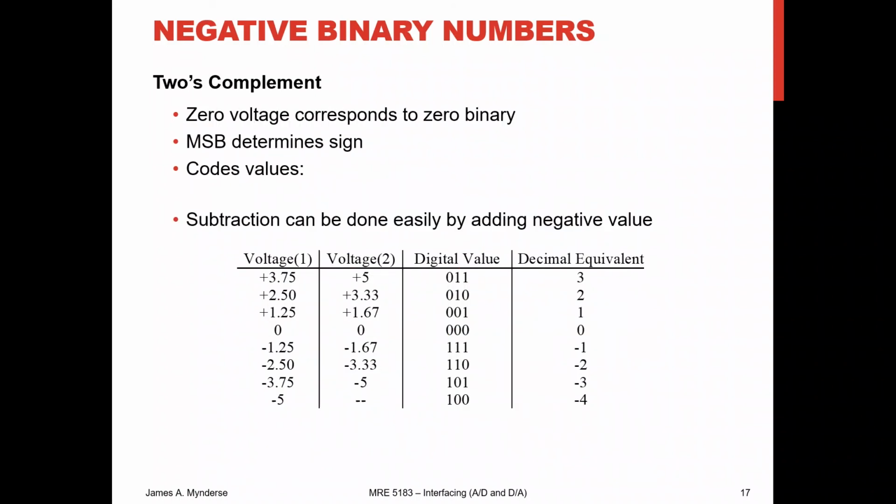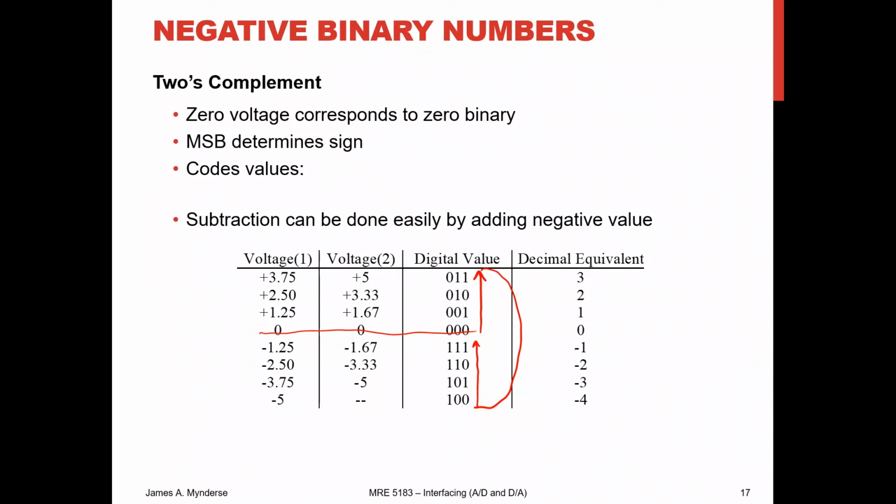So the last one is 2's complement, and I would say this is probably the best one. In this case, we start at 0, 0, 0 being 0 volts, and we count up to our plus 5 or our plus 3.75 on the other one. Then we wrap around and count up again.